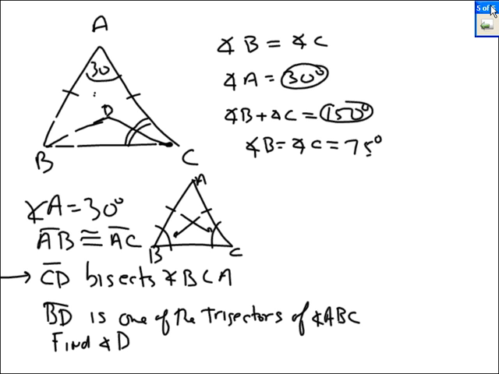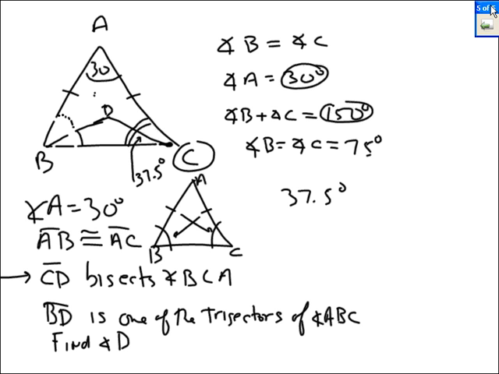Okay, now this is where it all comes together. Big angle C is 75 degrees. So that means this little angle, since it was bisected, is going to be 37.5 degrees. Now, this part of angle B, it looks to me like this one is the bigger one.